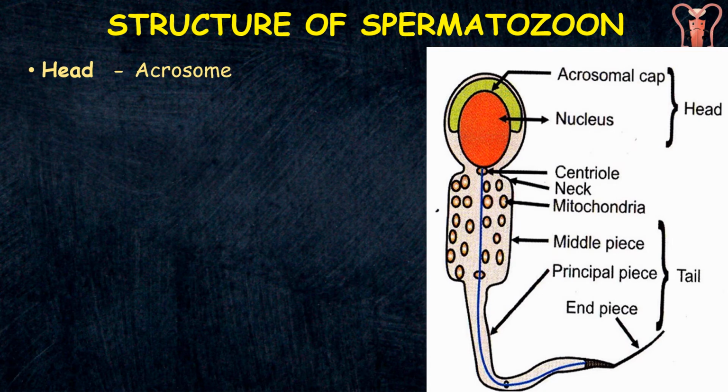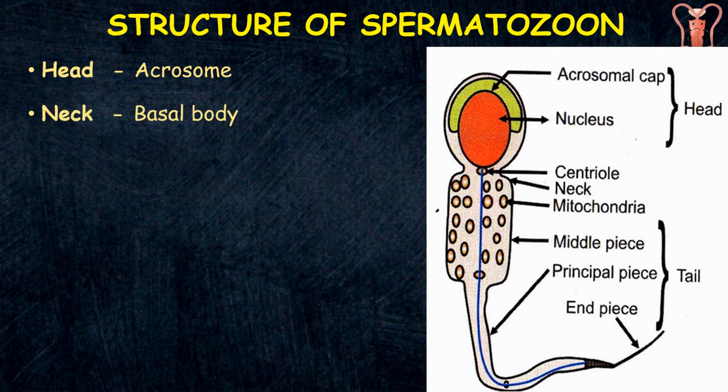It is formed mainly from a lysosome-like organelle containing a number of enzymes like hyaluronidase, proteolytic enzymes, and acid phosphatase, which help the spermatozoa in penetrating the ovum during fertilization, as we have discussed earlier.